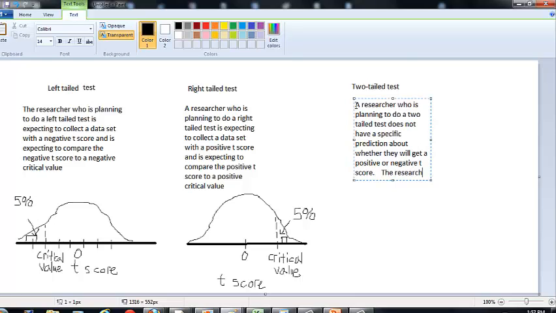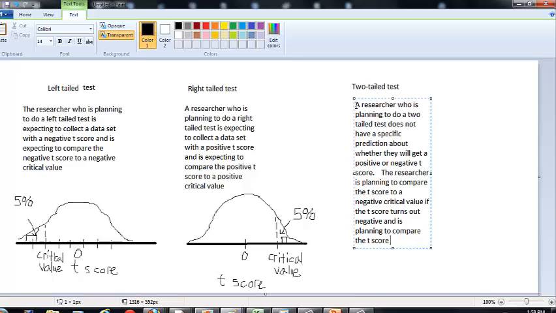The researcher is simply planning to compare the t-score to a negative critical value if the t-score turns out negative, and is planning to compare the t-score to a positive critical value if the t-score turns out positive.